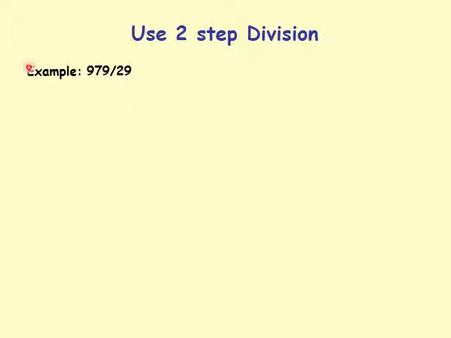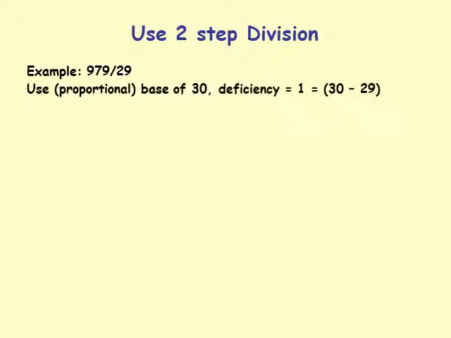Let's continue. The example is 979 divided by 29. We'll use a proportional base of 30, which is 1 more than 29, and the deficiency is 1. We got that from base 30 minus 29, using the sutra all from 9 and last from 10. So we have a Nikhilam method of division.